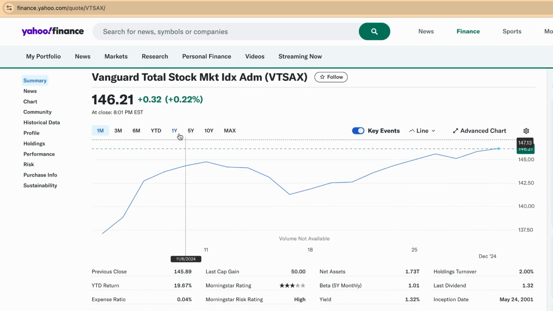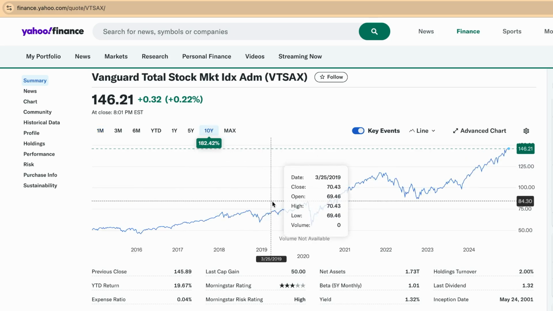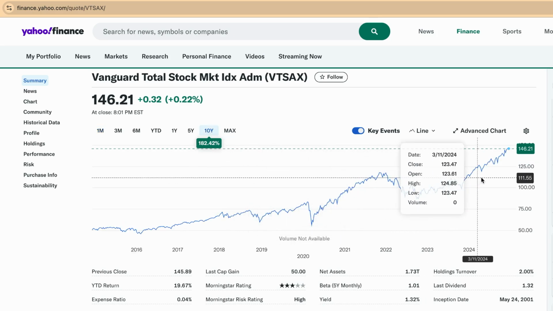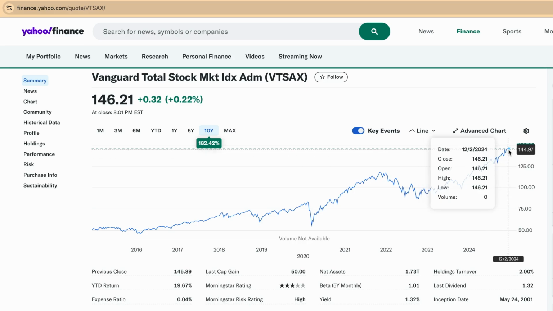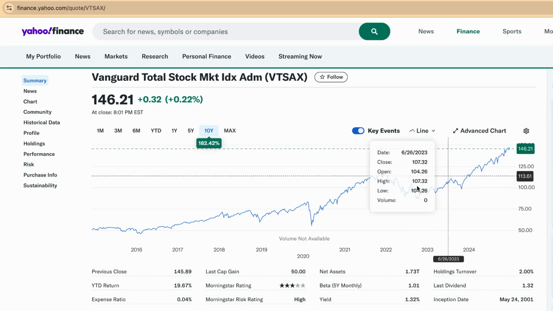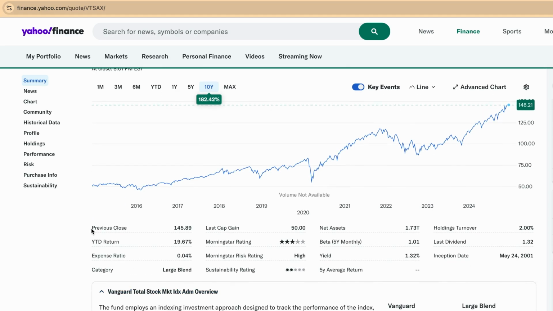You can change your chart to see its progress again, as far as trend lines and open and close prices. You will see the previous close, year-to-date return of almost 20%. Its expense ratio, how much you'll pay to buy into that fund, what is the category, what does it invest in, and we'll look into this a little bit more, but it is a large blend, so it holds a lot of other stocks across all industries and sectors.